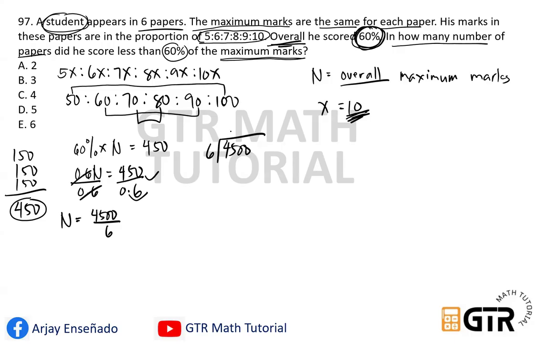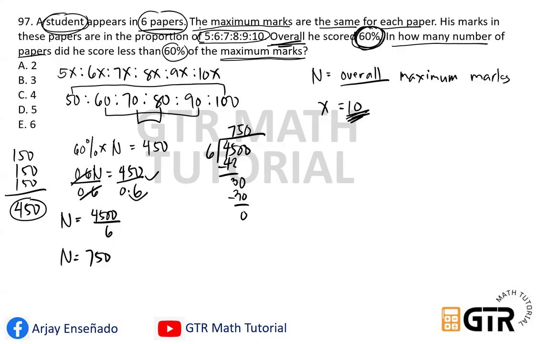Just divide this manually. 45 divided by 6 is 7, since 7 times 6 is 42. Subtract, we have 3. Bring down 0. 30 divided by 6 is 5. 5 times 6 is 30. Just copy the remaining 0. The value of n is equal to 750. So 750 is the total of the 6 papers.